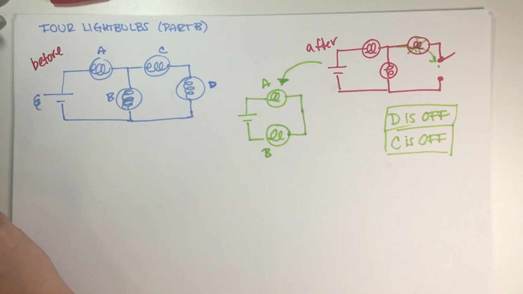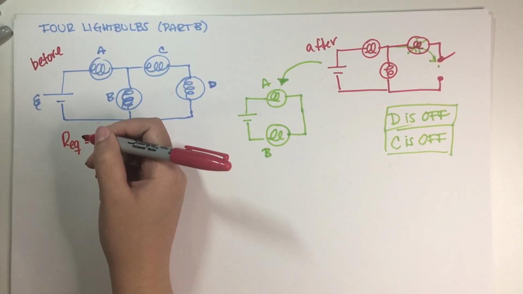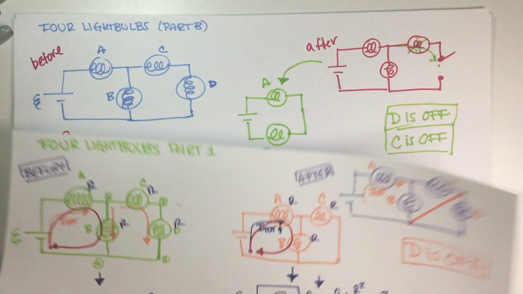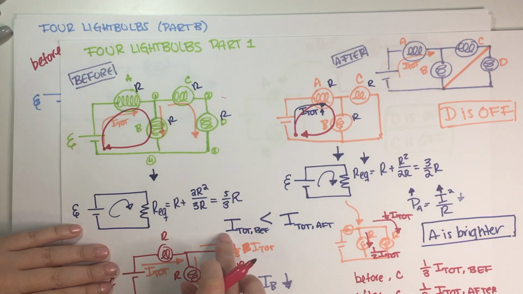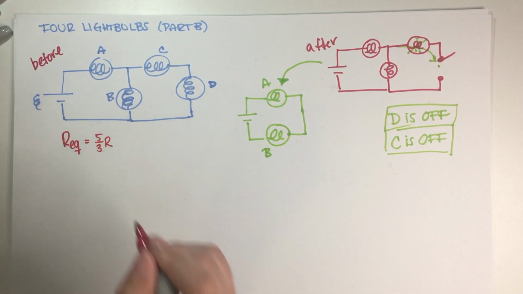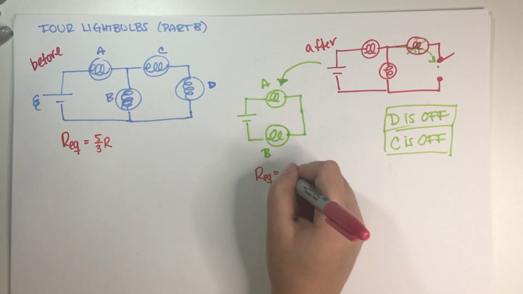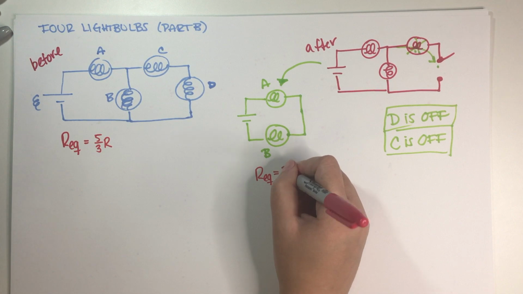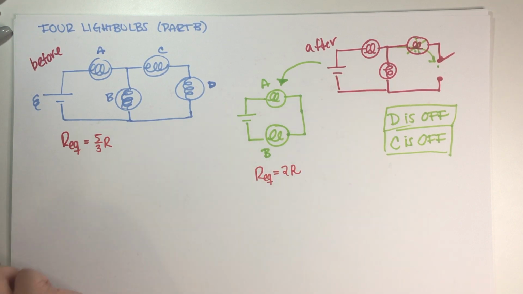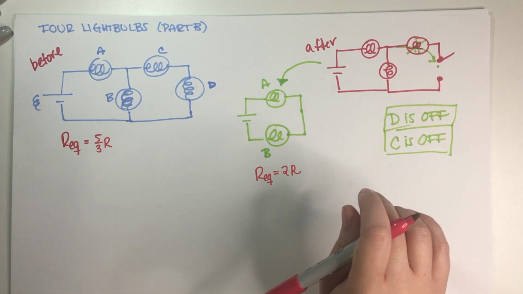Now my before circuit, so I already know that my equivalent resistance, so I'm not going to do this again, but my equivalent resistance is just the same as over here, so it's 5/3 R. Now for this circuit, my equivalent resistance is equal to just 2R, like this, because these are just two resistors in series.